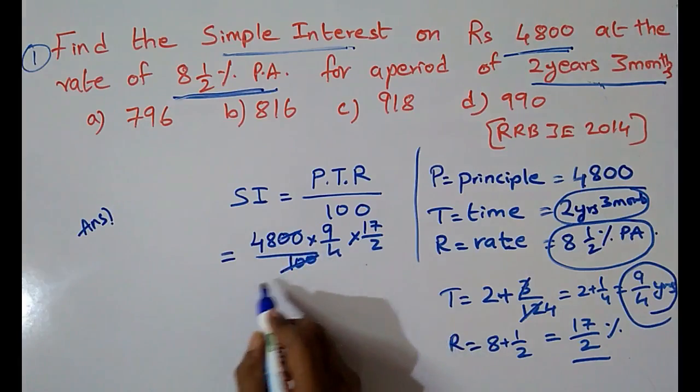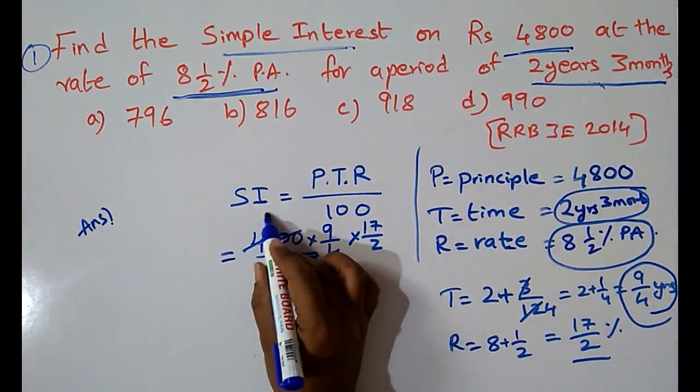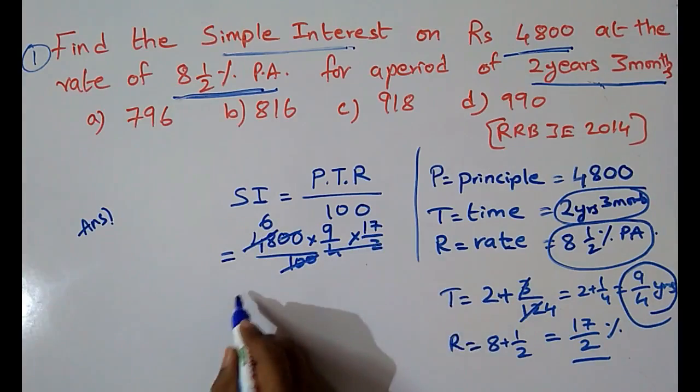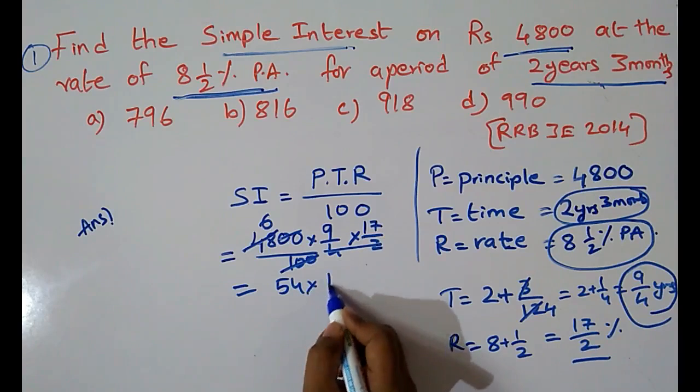We cancel this. 4 2s are 8, 8 6 times is 48, 6 9s are 54 into 17.